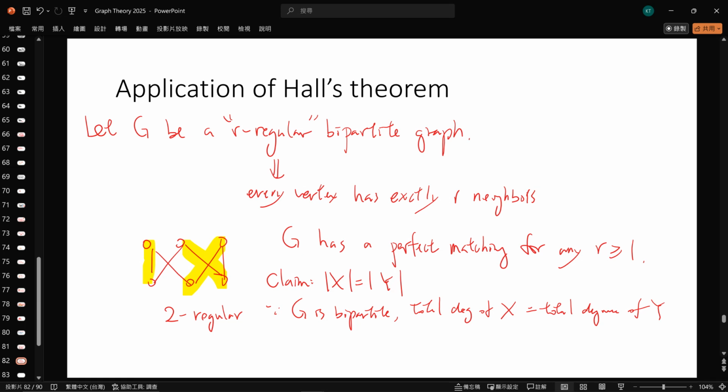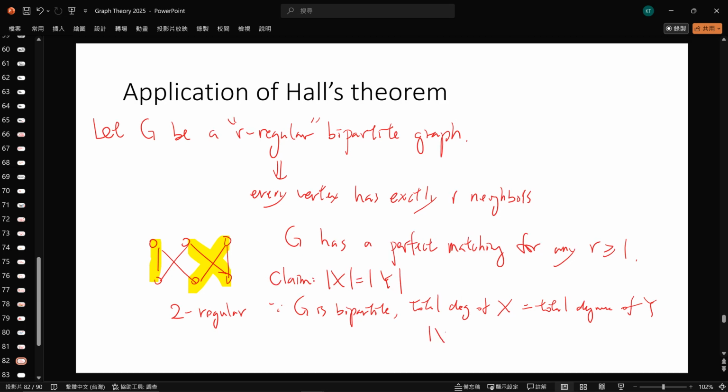So what is the total degree of X? Well, because this is an R regular graph, every vertex in X has a degree of R. So the total degree of X is just R times the size of X. And similarly, the total degree of Y will be R times the size of Y. Now, since these two quantities are the same, we can cancel out this R, which gives us the result.